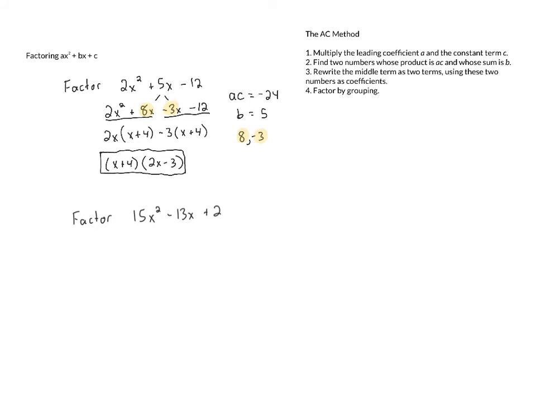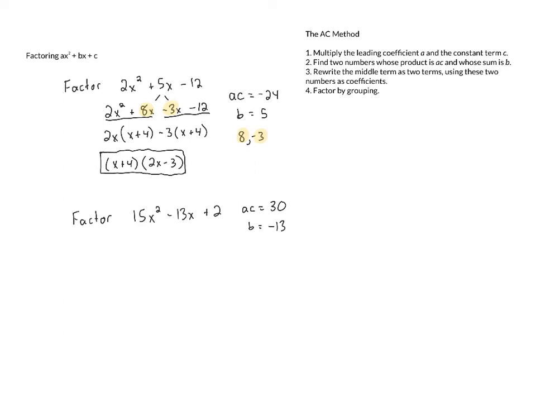Again, this is a nice format for us to use the AC method because it's a trinomial and we've got a leading coefficient on the x squared term. So what we're going to do is multiply a times c. In this case, 15 times 2 gives us 30. And then we're also going to write what b is. B is negative 13. And we need to find two numbers that have a product of 30 and a sum of negative 13.